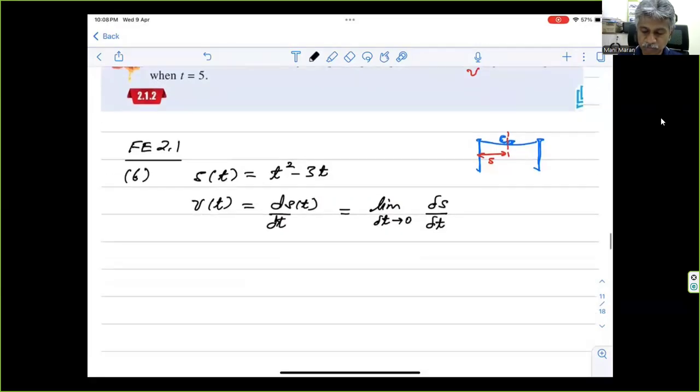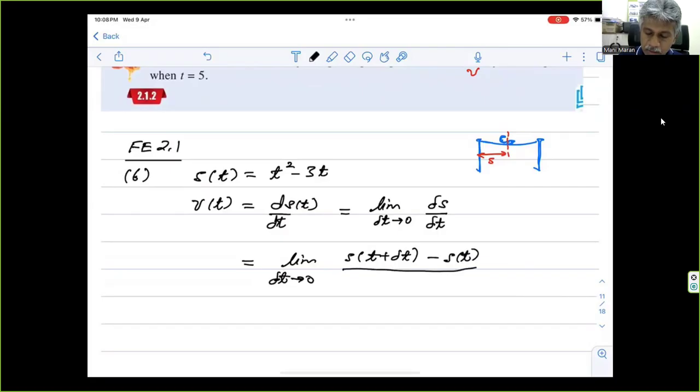Okay. So from first principle, this will be limit delta t approach 0. So here you will have s of t plus delta t minus s of t divided by delta t.